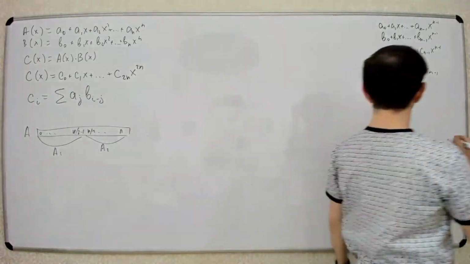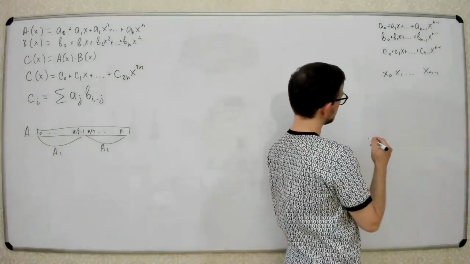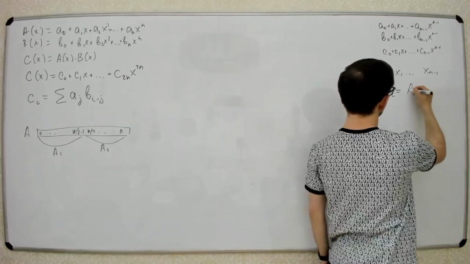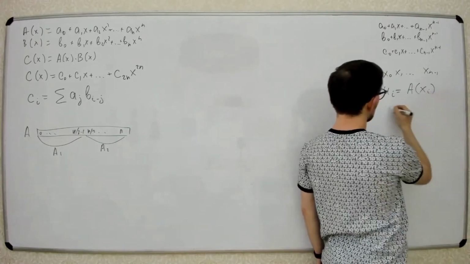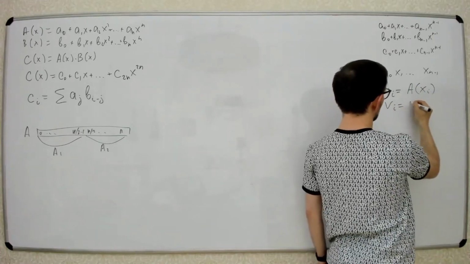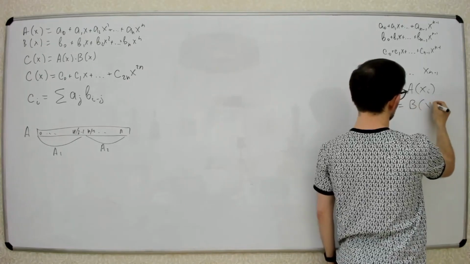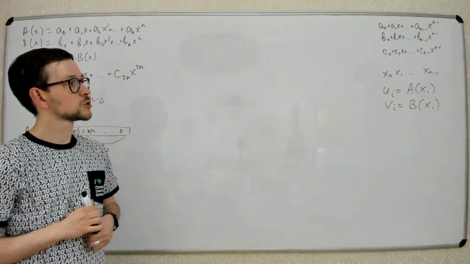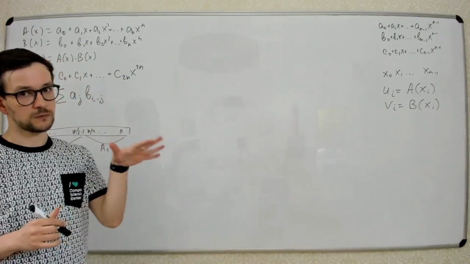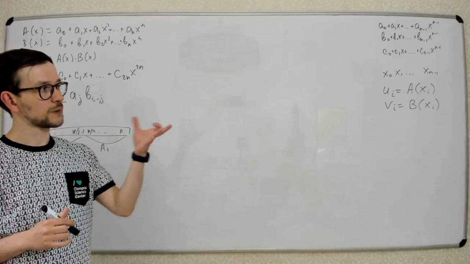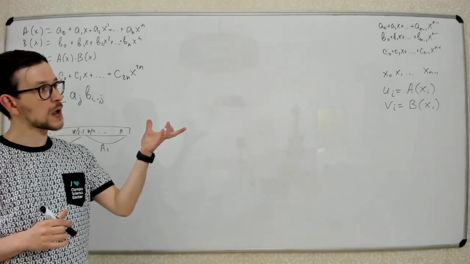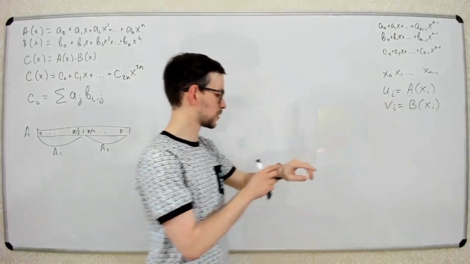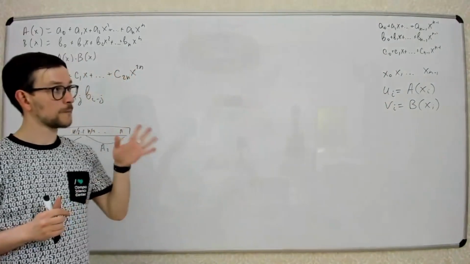So ui will be the value of polynomial a in point xi, and vi will be the value of polynomial b in point xi. So I will just pick some n coordinates, and calculate values of these two polynomials in these n coordinates.